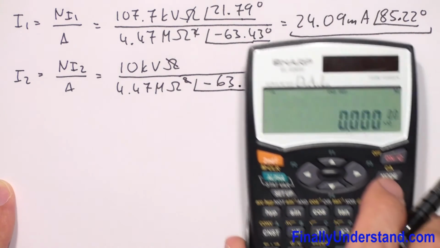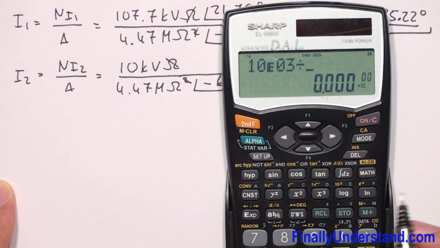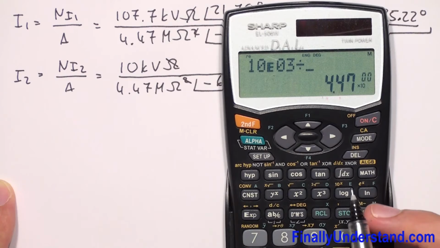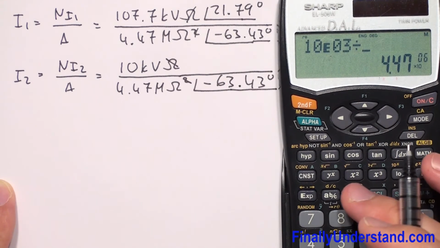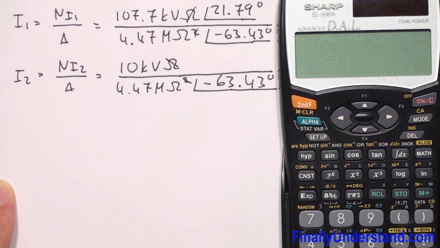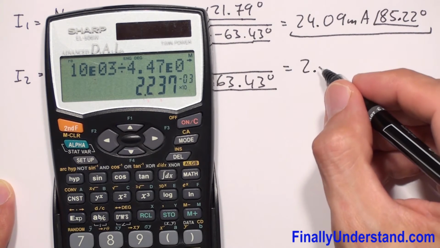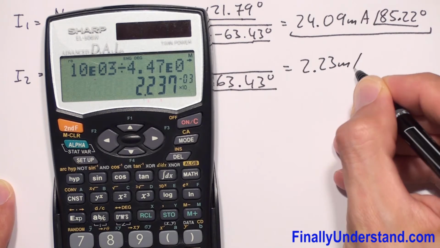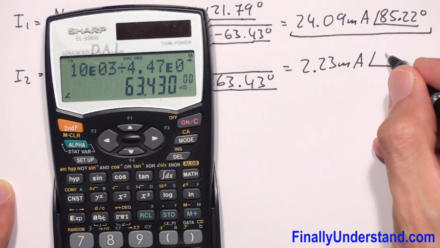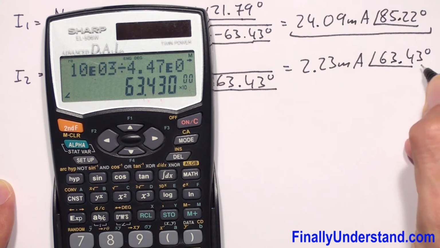This is equal to 10 exponent 3 divided by 4.47 exponent 6, and angle of negative 63.43, which equals 2.23 milliamps and angle of 63.43 degrees.